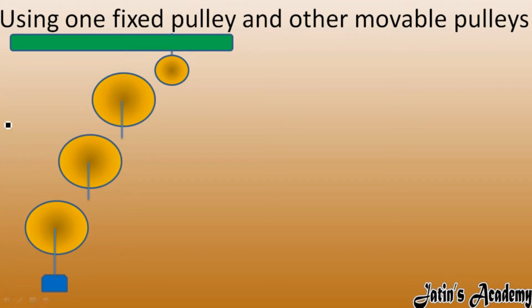Carefully see, first string we will attach with the support and another with this pulley, and again from the support another to this pulley, again from the support another to this pulley, and this is changing the direction of effort. Now we have to calculate the tensions and we have to see the mechanical advantage.